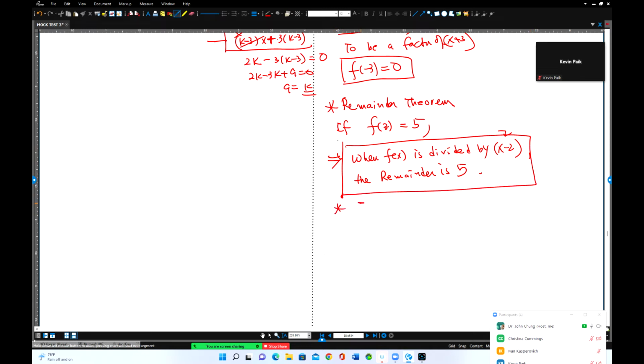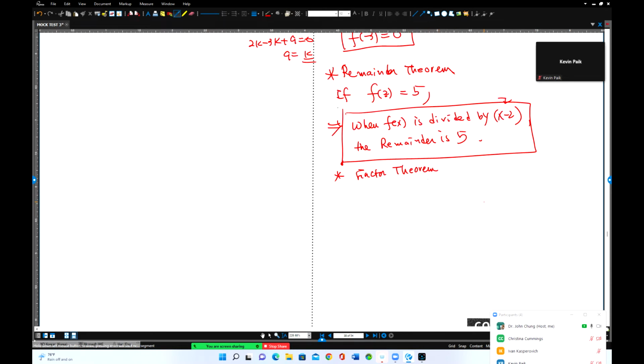Okay, this is the factor theorem. Remainder and factor have the same things. Especially remainder 0, that is a factor, okay? If f of 2 equals 0, that is remainder 0. When divided by x minus 2, then x minus 2 is a factor of f of x.